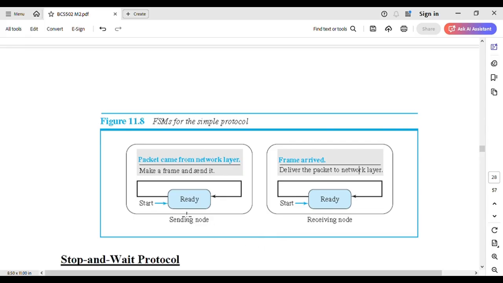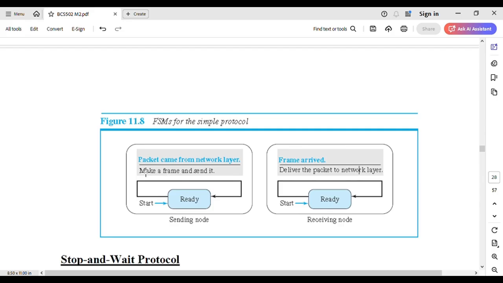Here also only one state is present, the ready state, and the starting arrow mark indicates the start state. For that state we give loop backs, or self transitions, and other representations are present.